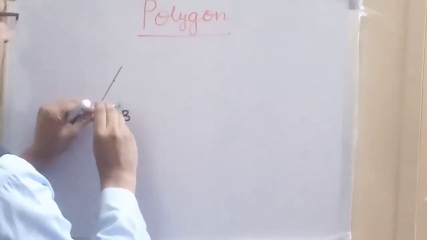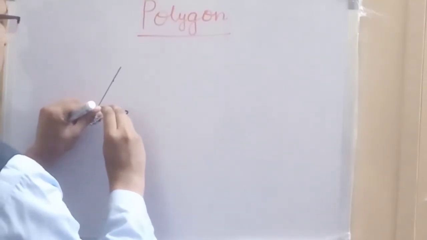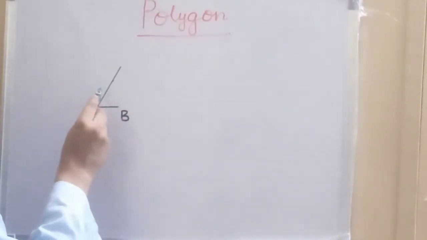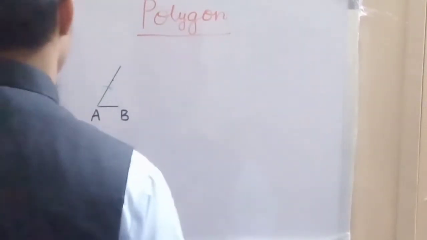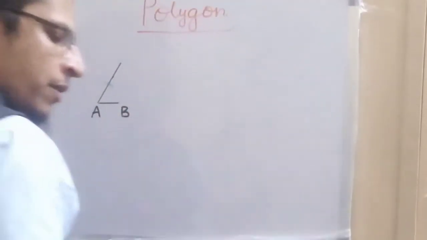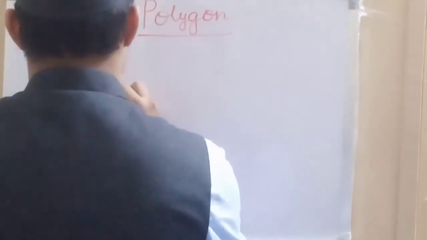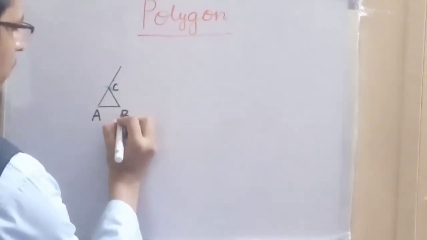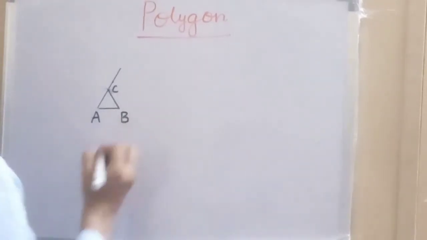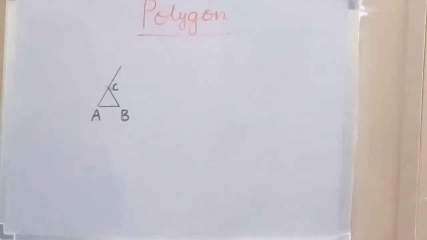Take an arc equal to side AB and mark an arc on this line which is at 60 degree angle. Now join this point with the other side, in this way, and you can construct an equilateral triangle. This point will be C. In this way you can construct an equilateral triangle using this angle method.